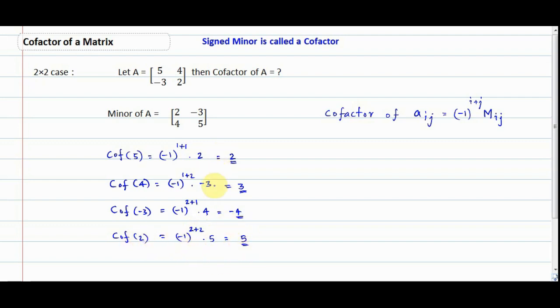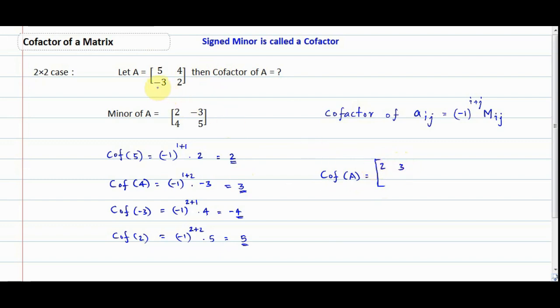So we have calculated cofactor values corresponding to each element present in matrix A. Now we may write down the cofactor matrix. Cofactor of matrix A is equal to: the cofactor corresponding to 5 is 2. The cofactor corresponding to 4 is 3.